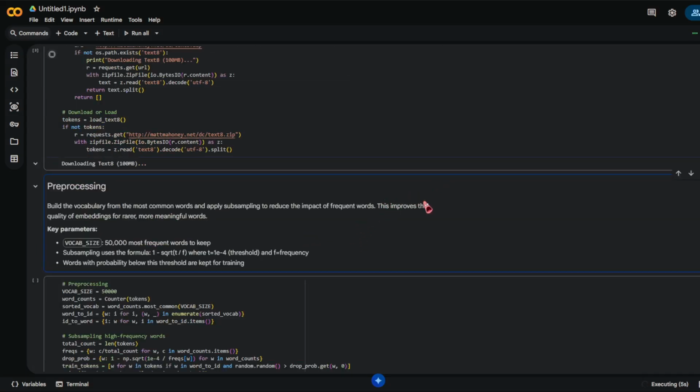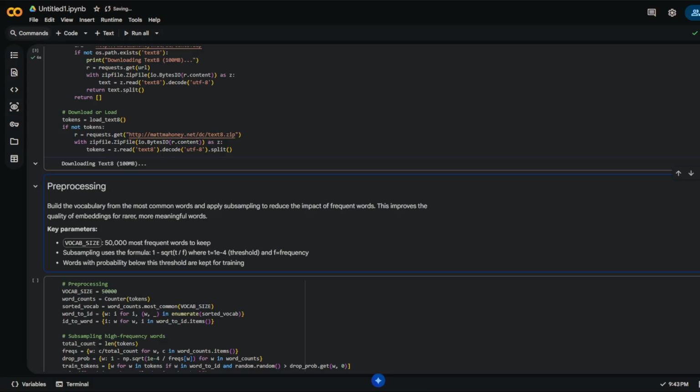Common words in Wikipedia like the, and, of appear millions of times, but they don't carry much meaning. If we train on them too much, they drown the signals from important words.